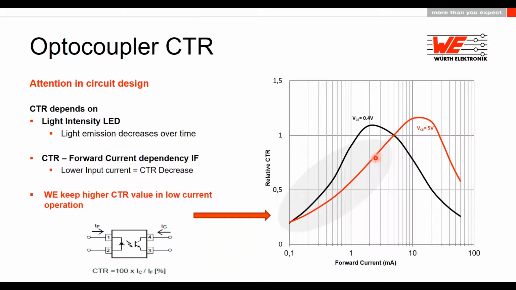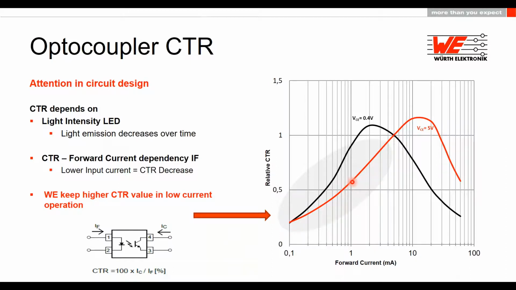One important point is also a benefit of the optocoupler of Elektronik. Of course, a lot of engineers want to apply only a lower current and drive systems with low currents. The benefit is that if you drive your application with a low current, you will still get a high CTR value.